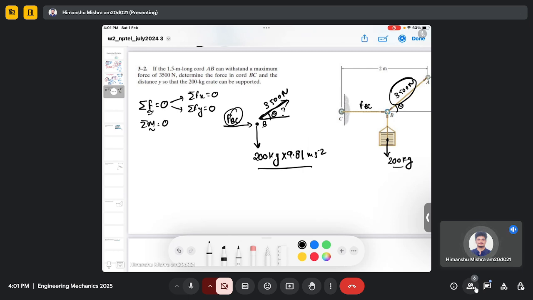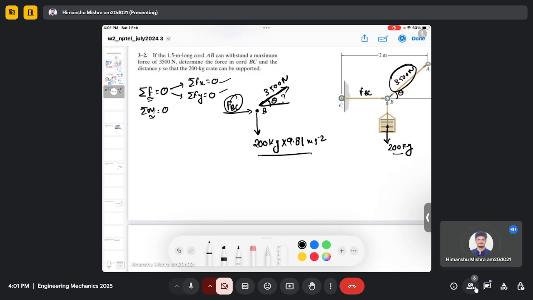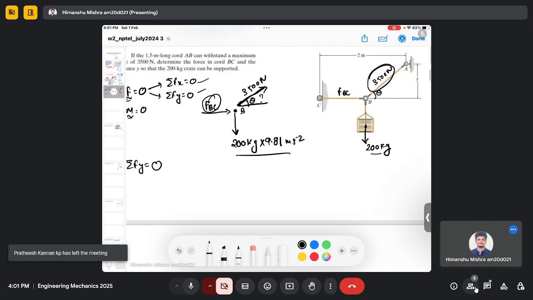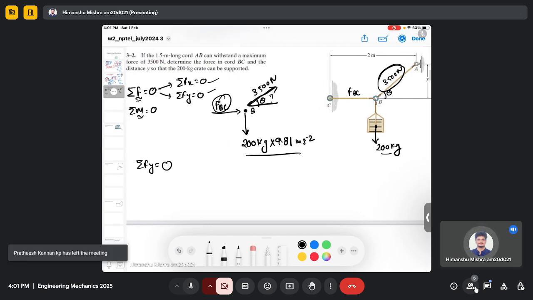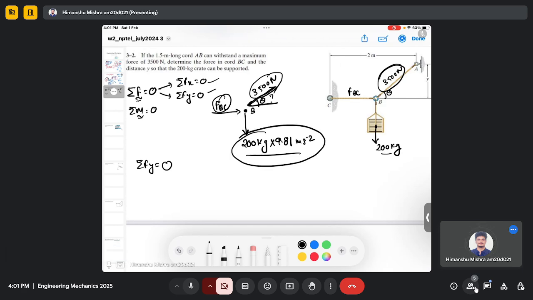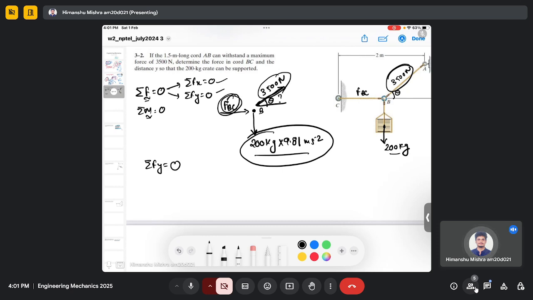And this is a sign which I usually follow for the vector notation, and this is for the scalar. So if I consider summation of force in the vertical direction equal to 0, then I need to consider the vertical component of this force and this gravity, because I don't need to consider this force, as it's in the horizontal direction. So actually I can calculate theta.